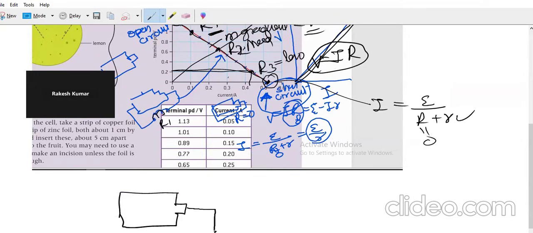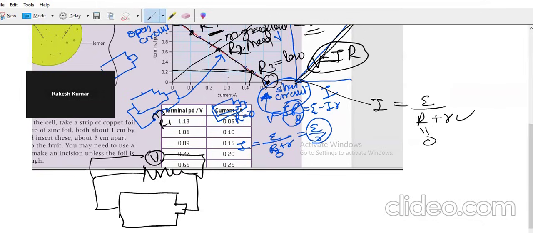The other thing you have to observe is what is actually happening. Like you have a resistor here, and you have a potential difference here, a voltmeter here. You are seeing the voltage of this.